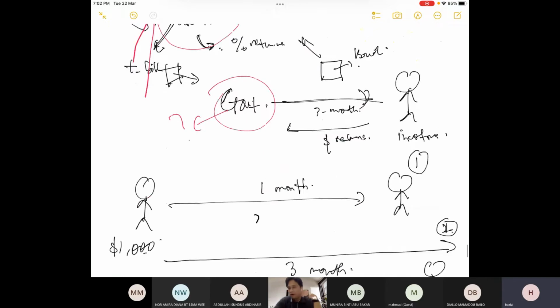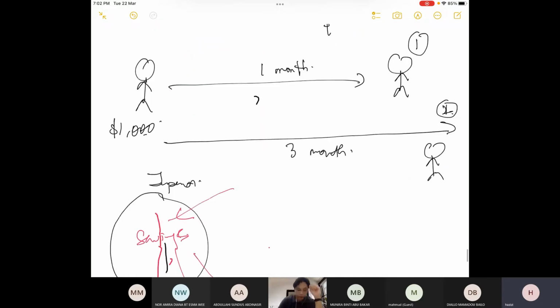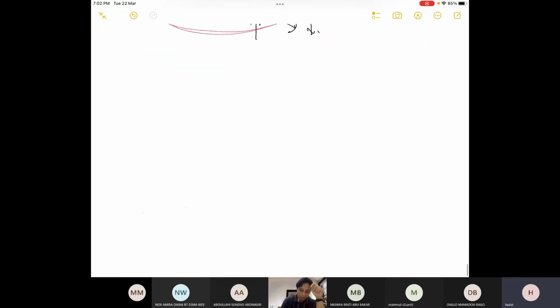But in the case of Islamic finance, Islamic banking, we are promoting the concept of risk sharing, using contracts such as musyarakah and murabaha.